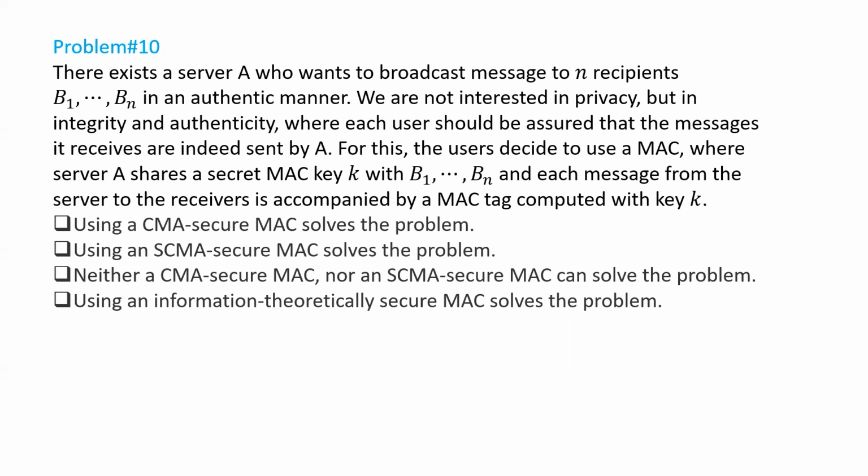Basically here, A only wants to broadcast a message to all N recipients, and A is the only authorized one who should be sending valid messages to all of them.